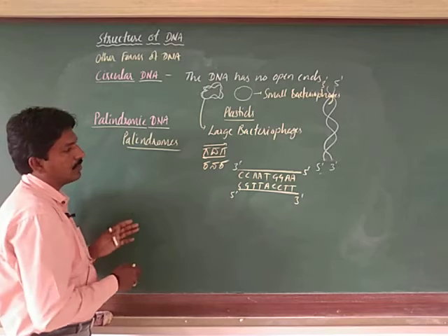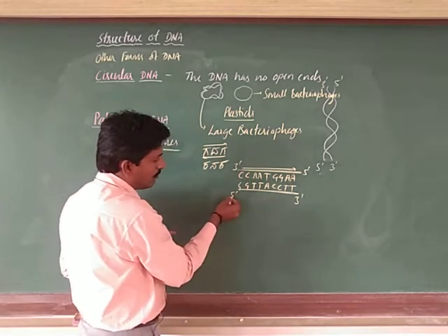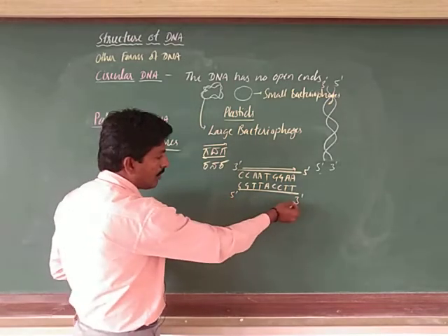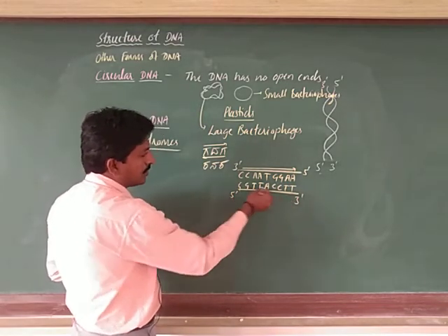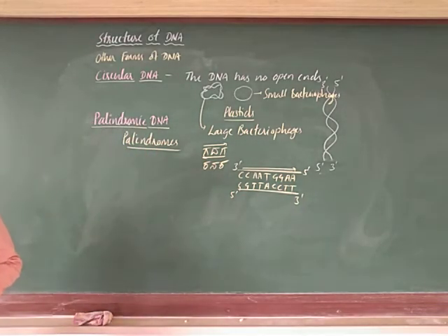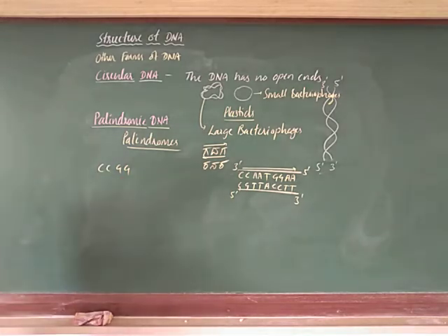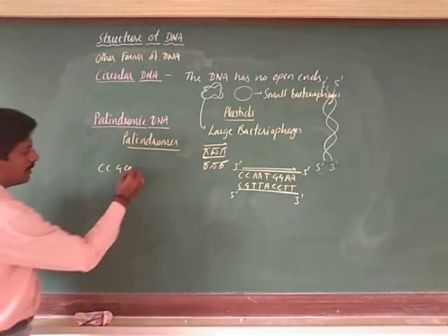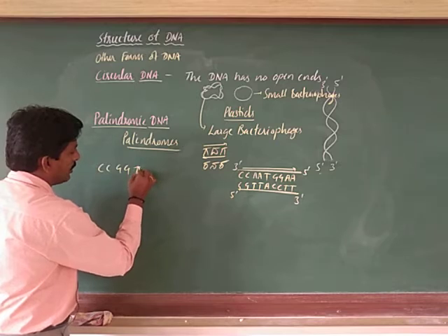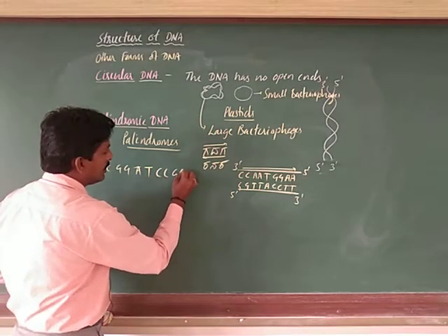See, palindromes means what? When you read in this direction and the same way, 3rd prime to 5th prime, the same sequence should be observed. See, we can take here CC, GG, AT, CC, GG.